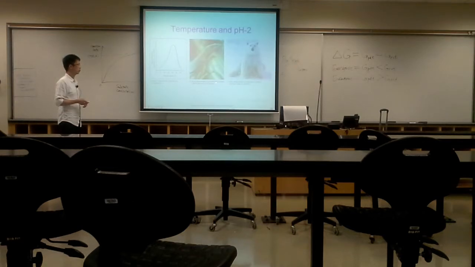So ectothermic animals, that means animals that change their body temperature according to the surroundings, like lizards or snakes, their reaction rate is limited. Why? Because if their body temperature is only about, let's say, 25 degrees, the normal room temperature, then as you can see, the reaction rate is not high.